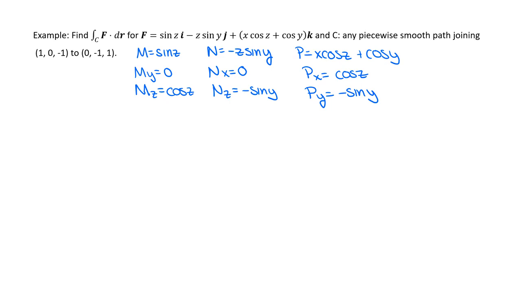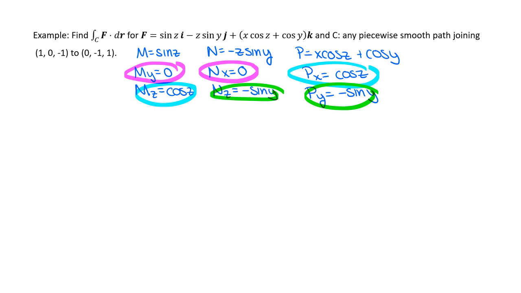Now, this problem is not telling me explicitly what the path is; it is only giving me the endpoints of the path. Hopefully, this is a conservative vector field, because if it isn't, they have not given me enough information to do the problem. So the first thing I'm going to do is check whether this is a conservative vector field. I found all the appropriate partial derivatives. If m is sine of z, the derivative with respect to y is 0, the same as the derivative of n with respect to x.